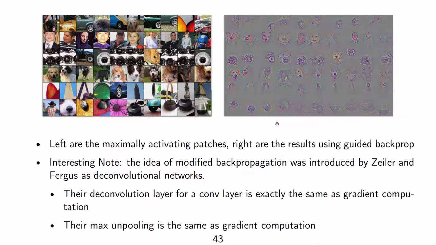One interesting note is that this original paper by Zeiler and Fergus introduced several ideas in the deconvolutional networks, but then later on people actually mapped several of these ideas, not the one for the ReLU that I explained before, but several of the other ideas, to regular gradient computation.